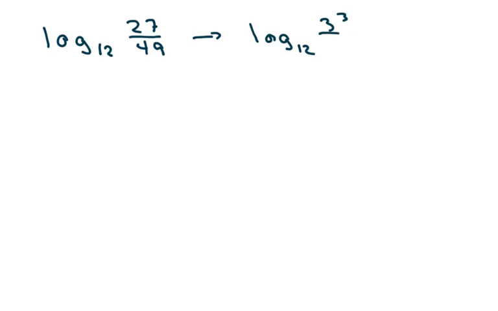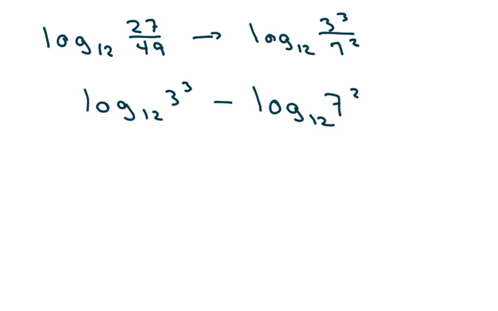Next one we have is log base 12 of 27 over 49. I'm going to rewrite this as log base 12 of 3 cubed over 7 squared. Now expand this: I have log base 12 of 3 cubed, using the quotient property, minus log base 12 of 7 squared. I'm going to use my power property and bring the 3 in front, and also bring the 2 in front.